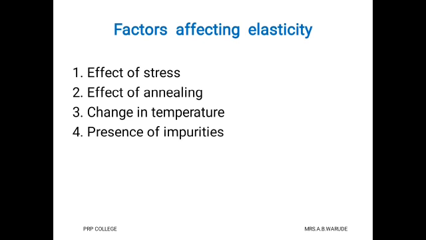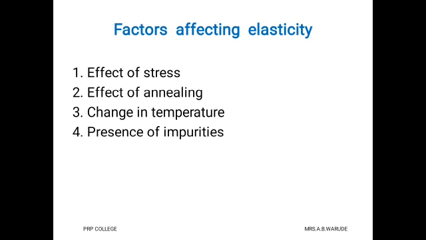But when force is applied continuously, sometimes the body does not return to its original shape and size. After that, it changes into plasticity, or it shows the property of plasticity.